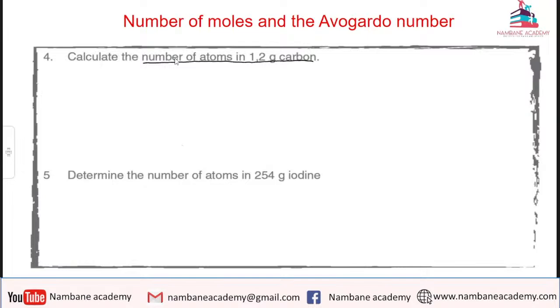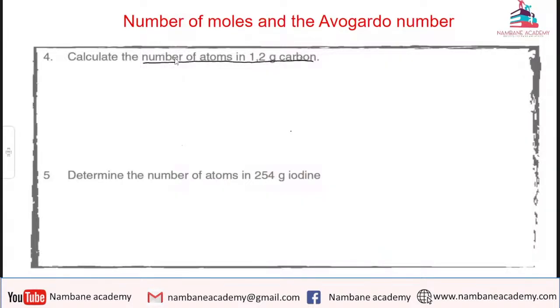The number of moles of carbon. Because the equation I have for calculating the number of atoms says N is equal to n, the number of moles, multiplied by the Avogadro number. So I need to calculate the number of moles of carbon.